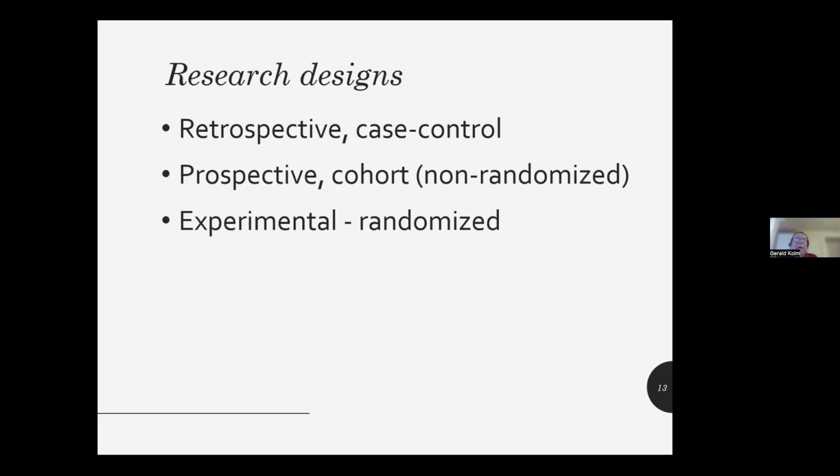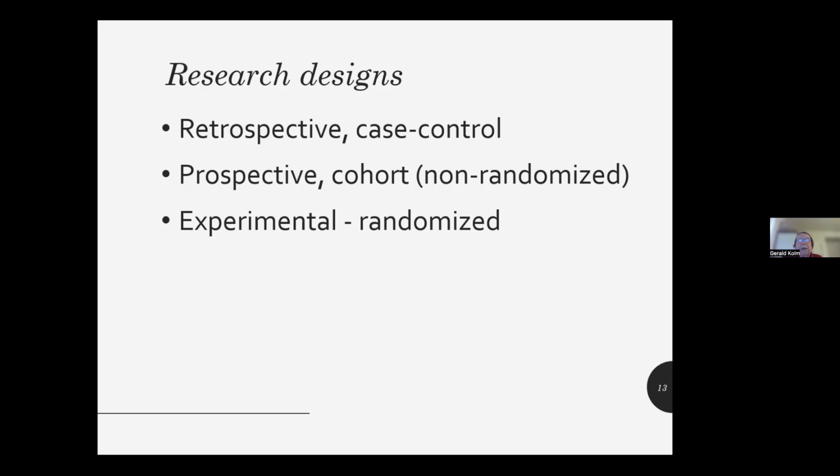Another aspect of consideration here is what is our research design? In other words, what is the question that we're asking, and how do we set up our research study to answer that question? The three primary categories here are retrospective studies, which are referred to as case control studies.